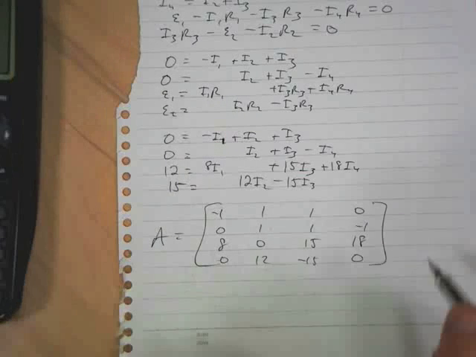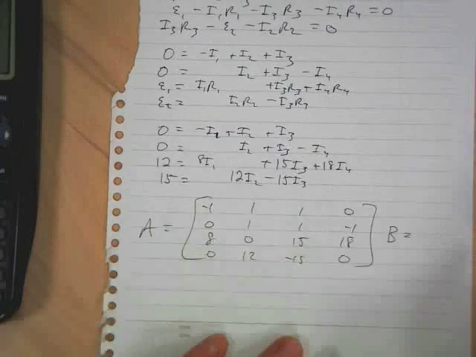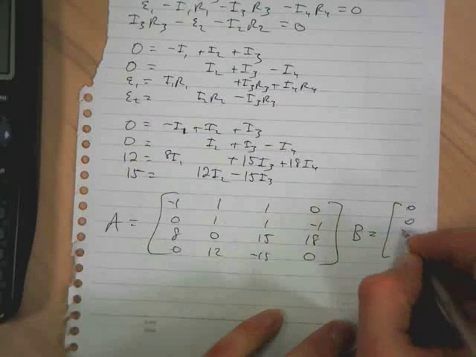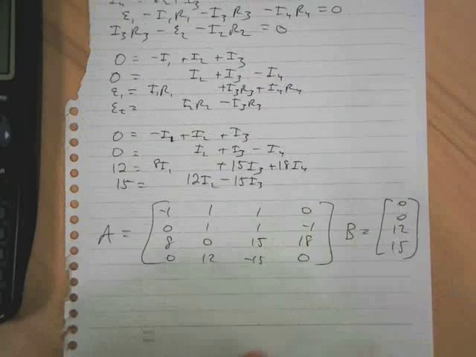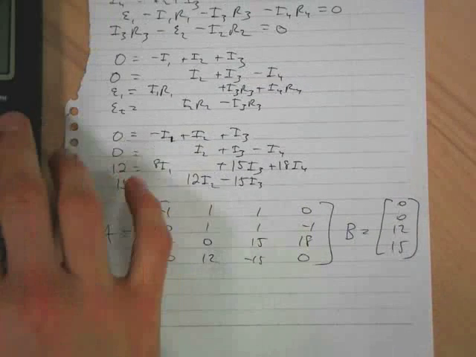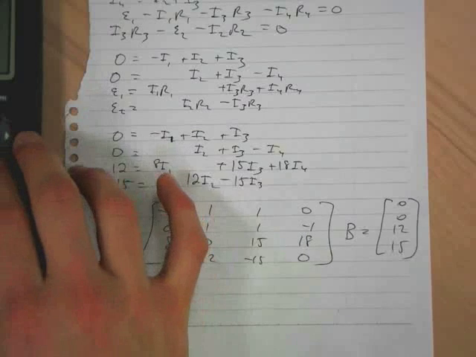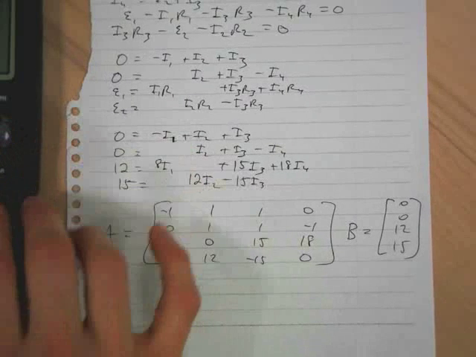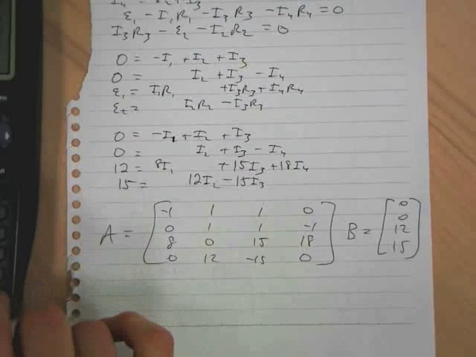And then matrix B is our solution matrix: 0, 0, 12, 15. That's a 4 by 1. Matrix edit, B 4 by 1, 0, 0, 12, 15.